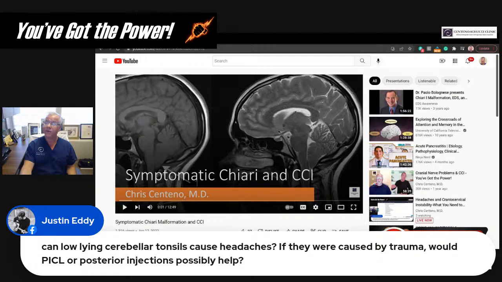So we need to be very careful about saying that that's causing your symptoms. But there may be a crossover, obviously, between craniocervical instability patients that have that versus don't. And as far as which type of procedures would help, it really depends on what kind of instability we're talking about.